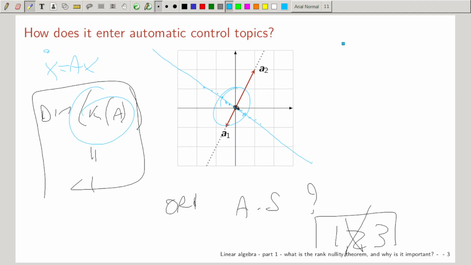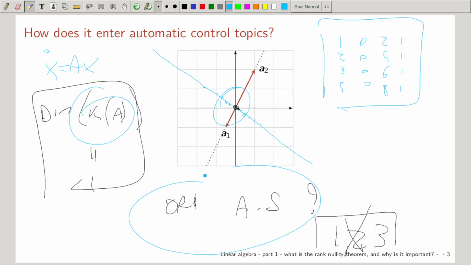The matrix 1, 2, 3, 4, 0, 0, 0, 0, 2, 4, 6, 8, and 1, 1, 1, 1. Can I have the origin asymptotically stable? Yes, no, I do not know.